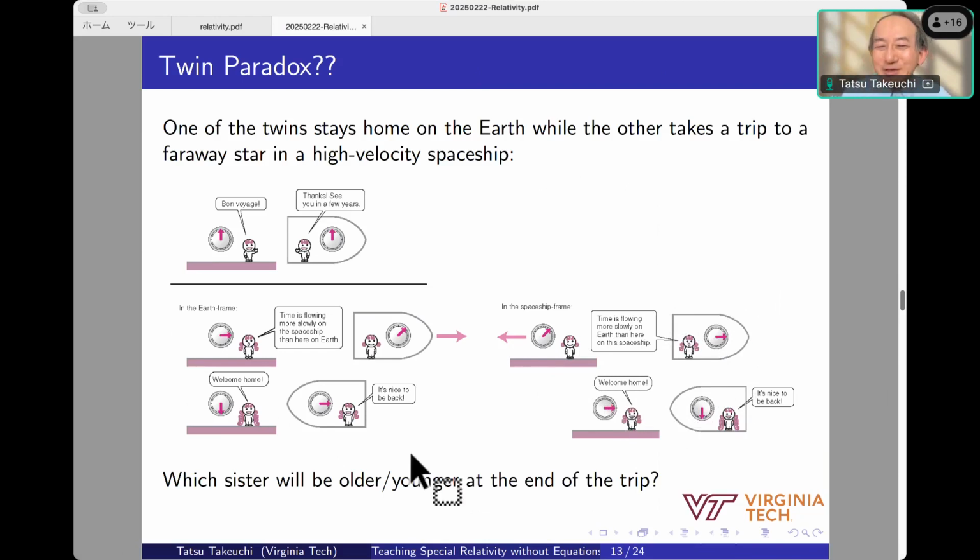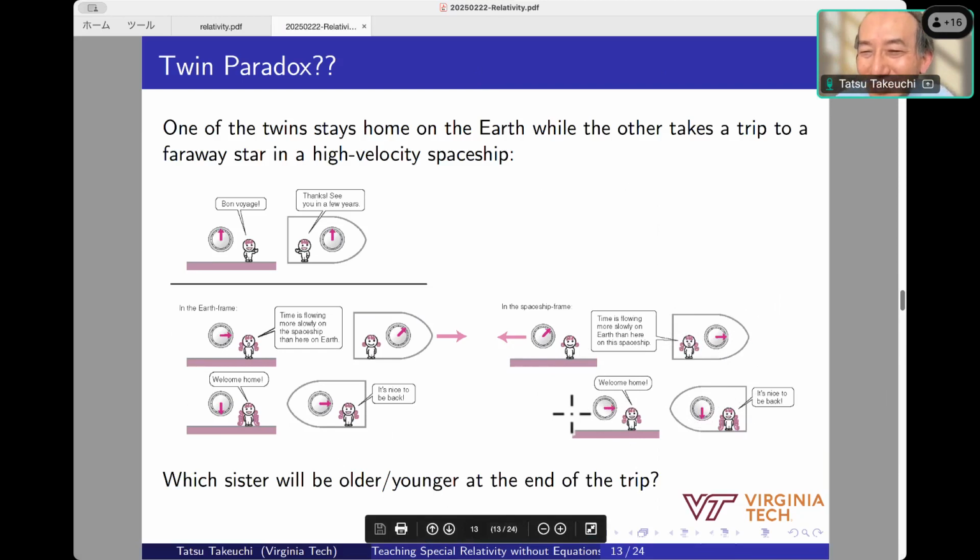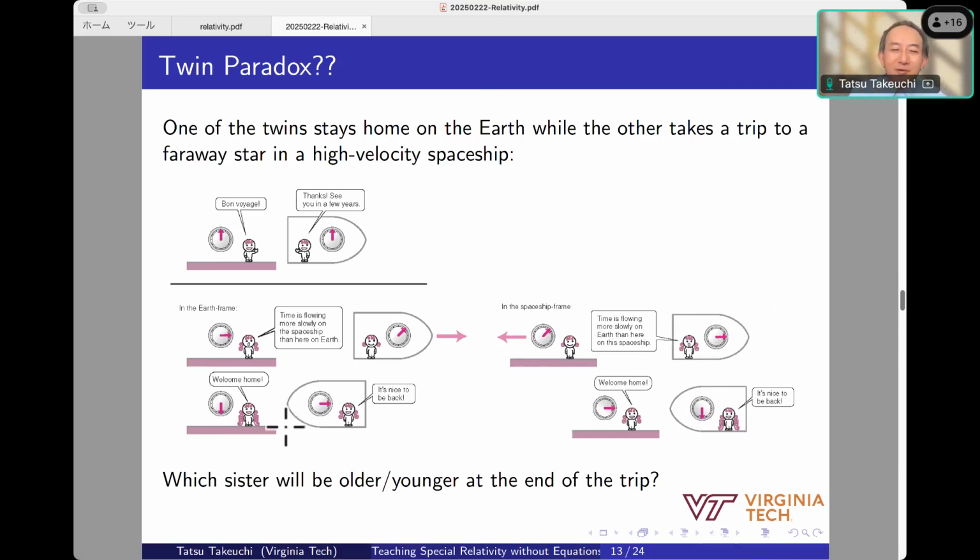And the question is, how can both points of view be correct? You cannot have twins where one is older than the other, and vice versa. Both points of view cannot be true at the same time, right? So what is the resolution to this mystery?